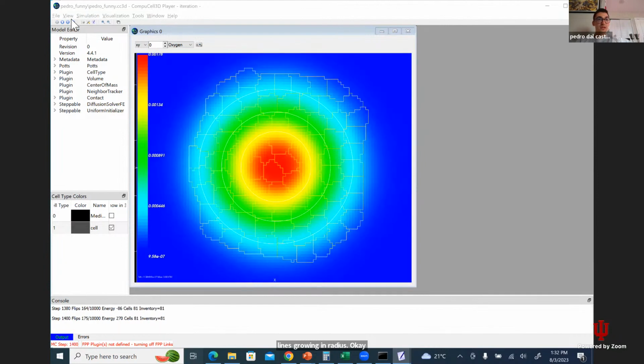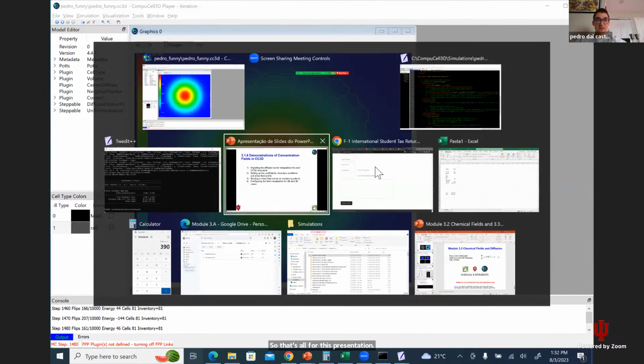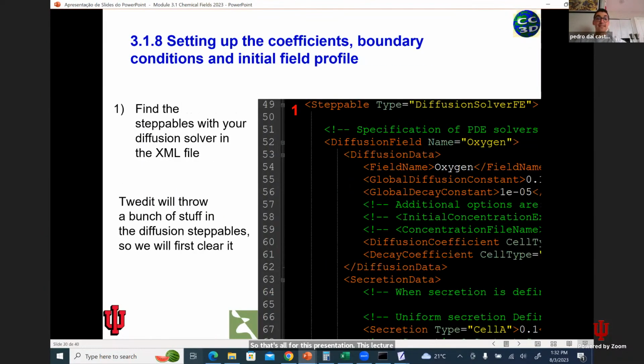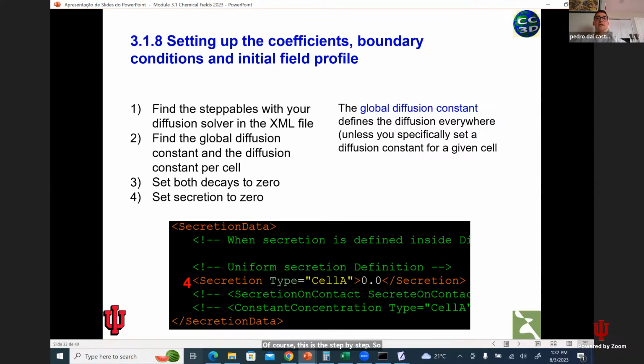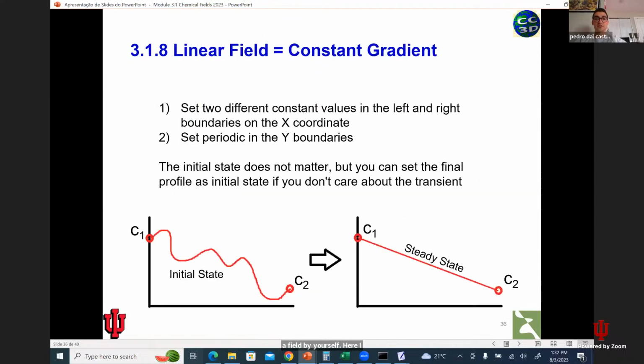Okay. So that's all for this presentation, this lecture. Of course, this is the step-by-step, so I encourage you to take a look at the slides. There is plenty of information here if you want to set a field by yourself. Here I explain different boundary conditions.